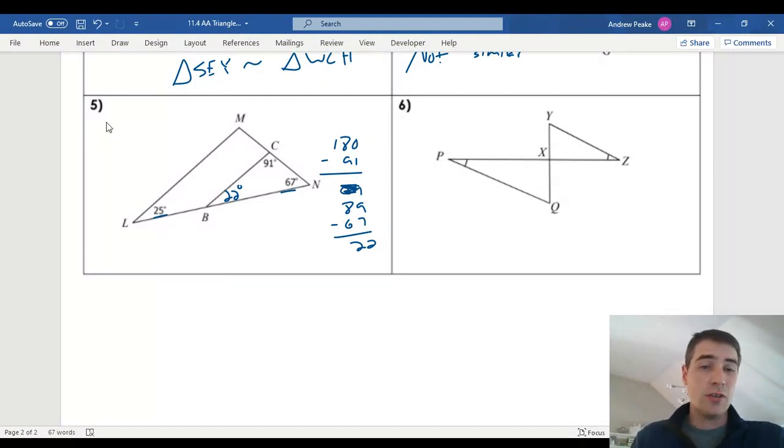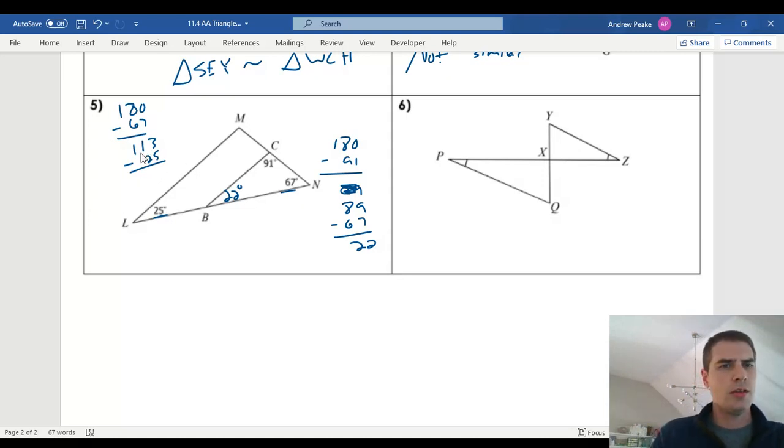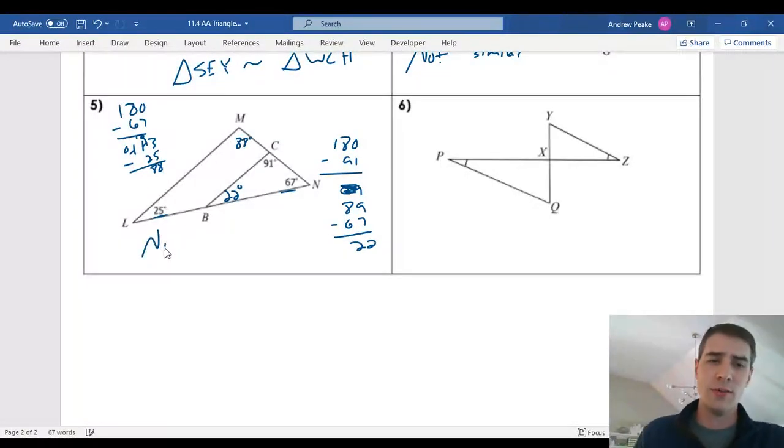I'm guessing that's not going to work, but let's just try and make sure here. 180 minus 67 would be 113 minus 25. Wait a minute, struggling in my head here. Got to work it out. 88. All right, so it gives me 88 degrees. Doesn't work. So we'd say not similar because we only have one angle that worked. This common angle down the bottom was shared. That was it.